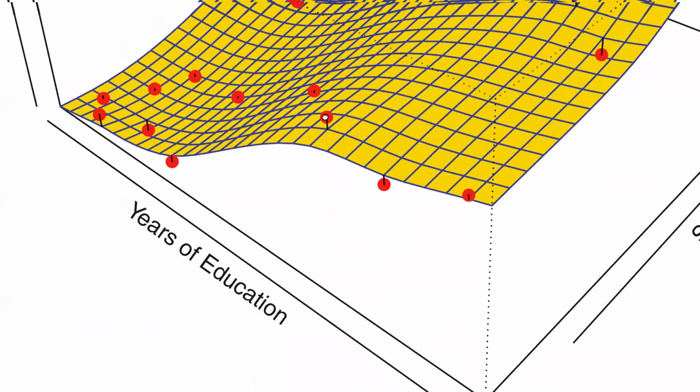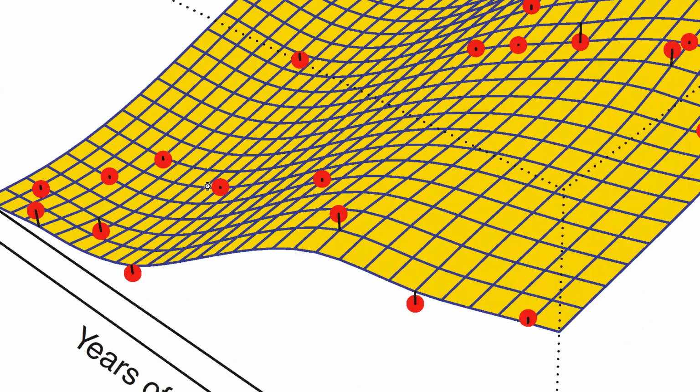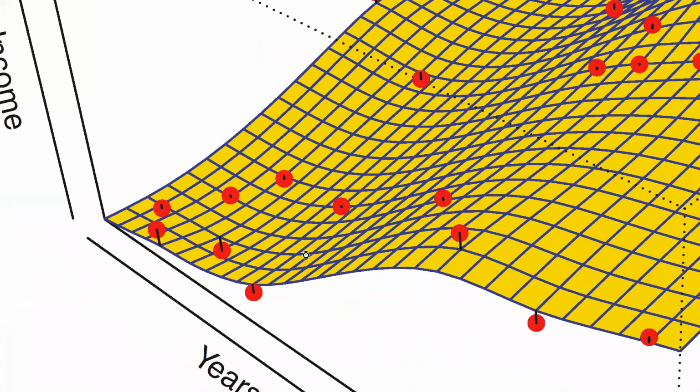So red is the actual data. Red is the actual data. The yellow surface is the model's output. So the model nearly never gets it right. So this looks pretty good. So the difference is, you know, a lot less than this difference, for example.